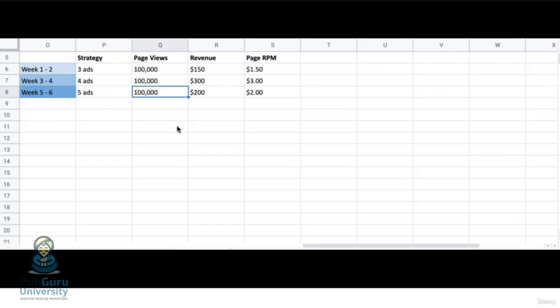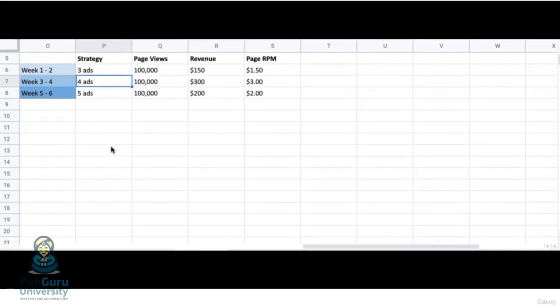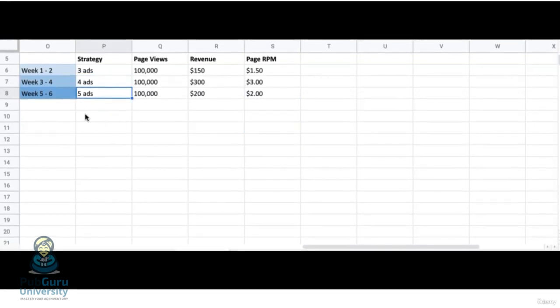You're still getting the same number of page views, but your revenue dropped to $200. So now your page RPM decreased to $2. So in this test, you see exactly where the happy middle is. And based on these test results, you're going to have to settle with 4 ads instead of 5.